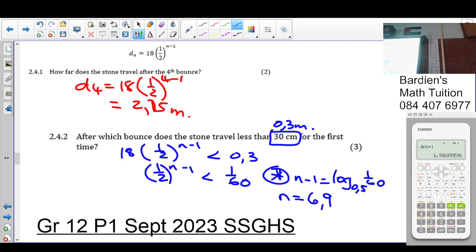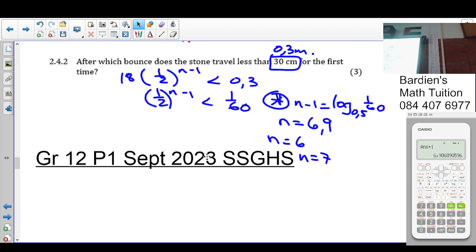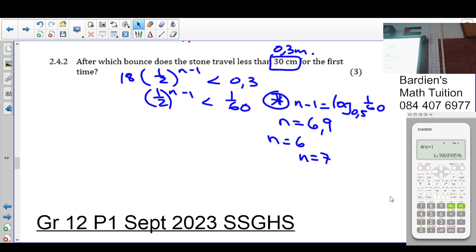Now this is an inequality, so it's a bit weird here. What I do normally is I ask, what if n was 6 and n is 7? You don't have to do it this way. If you understand inequality really well, then you don't have to. But put n is 6, so it will be a half to the 6 minus 1.